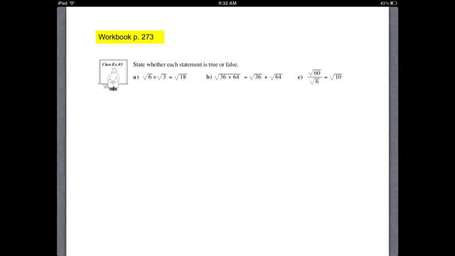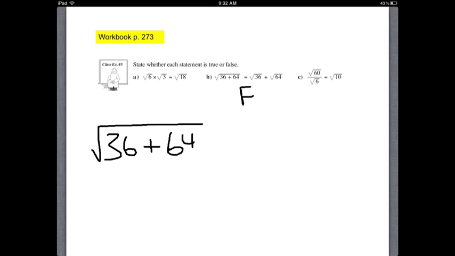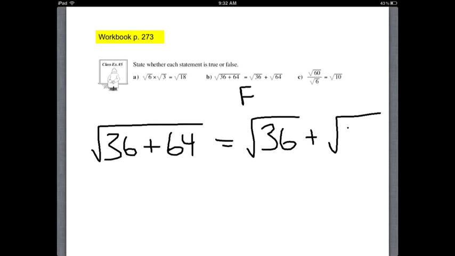The second question, B, is actually going to be false, but let's take a look at that by pulling it apart. You've got the square root of 36 plus 64, and it's saying here it's going to be equal to the square root of 36 plus the square root of 64.